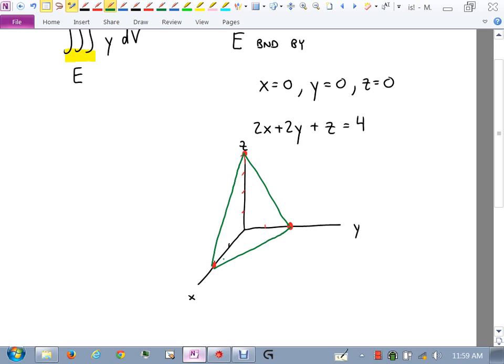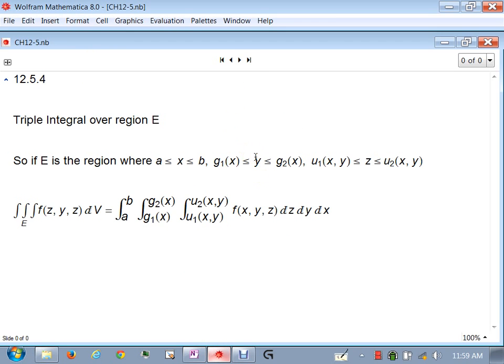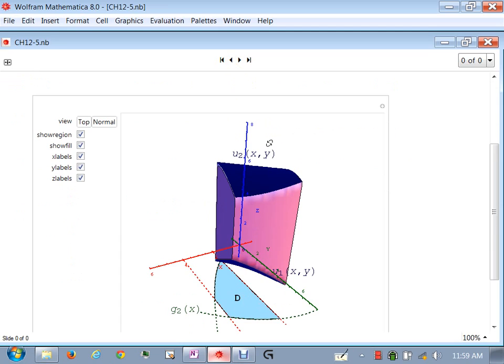Now remember what we have to do in order to do a triple integral. We have to figure out a way of looking at our 3-dimensional region. We have to be able to identify its shadow on the ground and look at that as type 1 or maybe type 2, it depends. We need to look at its shadow, and then we also need to look at the top cap and the bottom cap of the region.